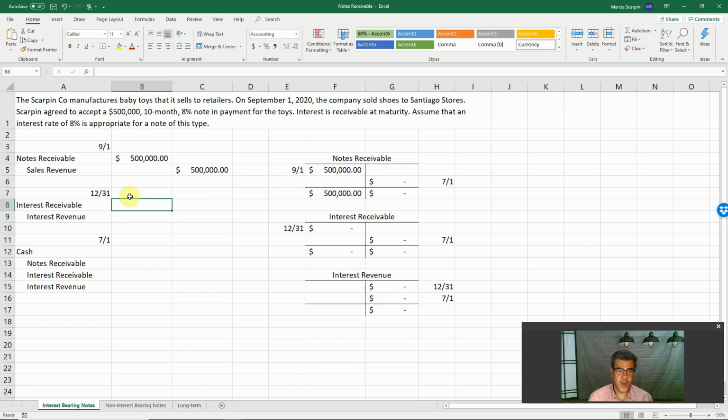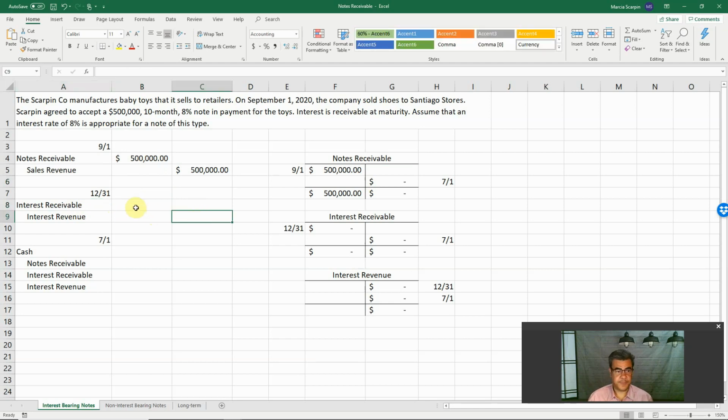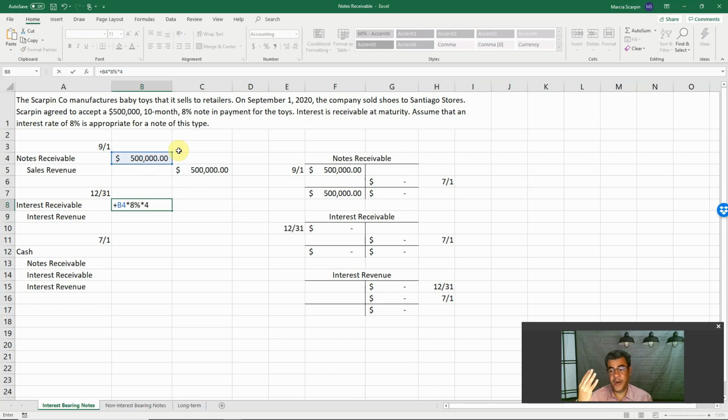So here, what do we have? We are not receiving it yet. So it will be interest receivable and then interest revenue. So how much is it? 500 times 8% times 1 month.